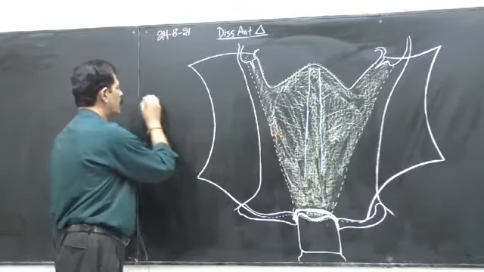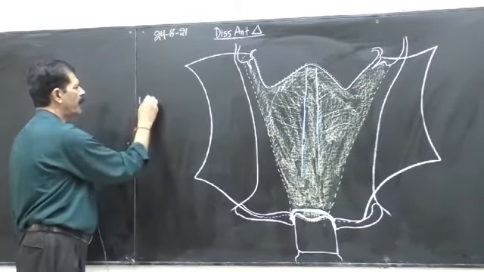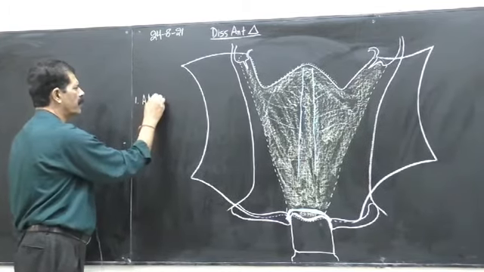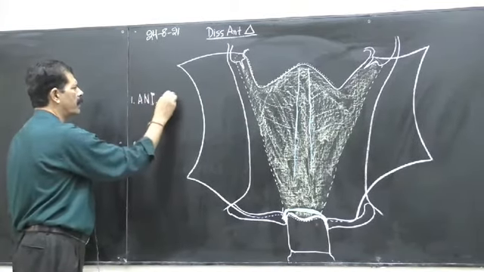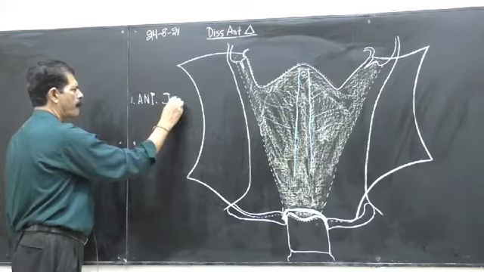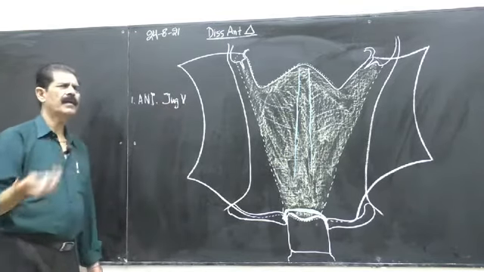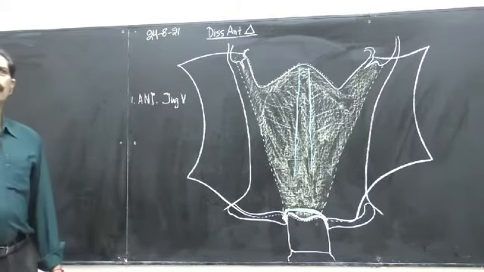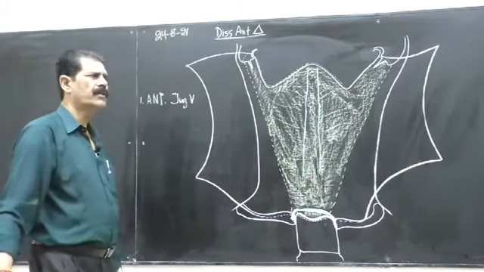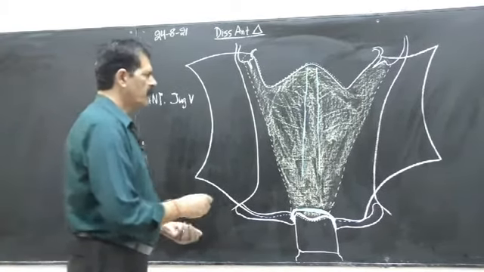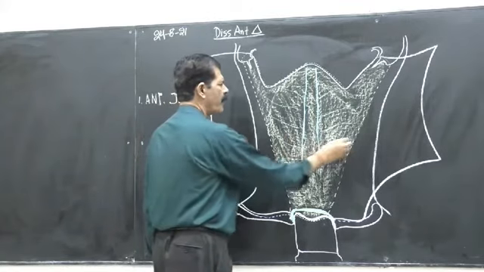So this vein is called the anterior jugular vein because it is in the anterior triangle. In the posterior triangle it was external jugular vein, but this is anterior triangle. It is lying in the superficial fascia, in the fat.